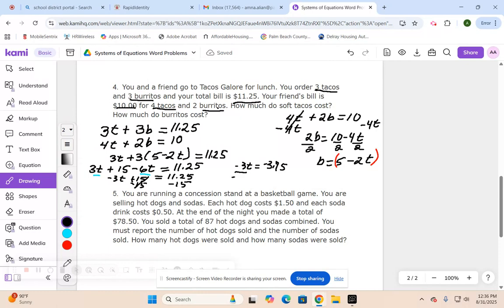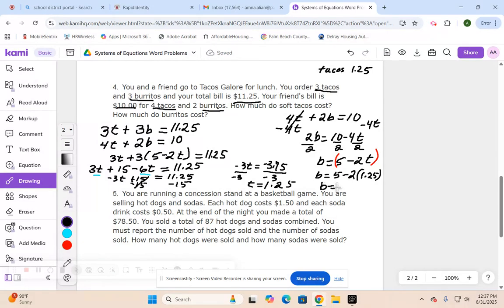Now let's divide both sides by negative 3. And we'll have t equals $1.25. So that means the tacos cost $1.25 each. Okay, let's go back over here and find out how much the burritos cost. We can go back here, but this would be simpler because this is already solved for B. B equals 5 minus 2 times $1.25.